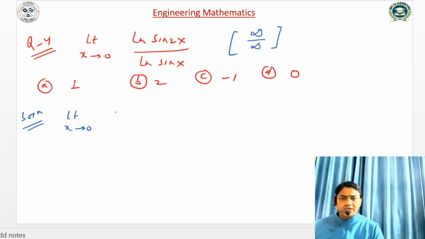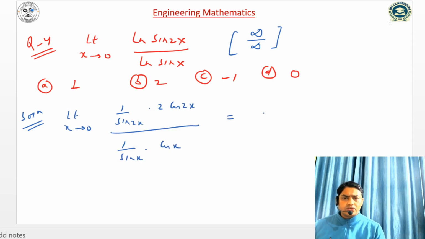Differentiation of ln sine 2x is 1 by sine 2x into 2 cos 2x, divided by 1 by sine x into cos x. So we can write 2 cos 2x divided by sine 2x, into sine x divided by cos x, limit x tends to 0.